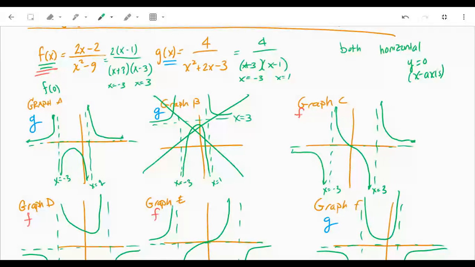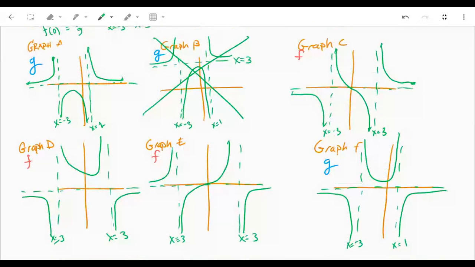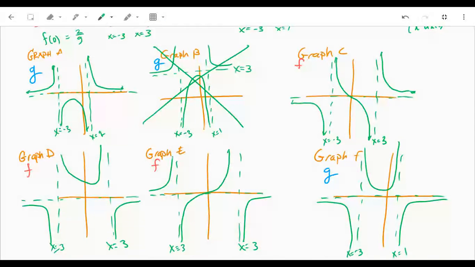Okay, so if you look at your graphs, and I'm looking on Alex too, because they're a little bit more accurate, the 3 that I chose that could possibly be F: graph C, it does look like this little branch is a little bit higher, so that could be at 2/9. Okay, graph D, it's definitely higher than 2/9.